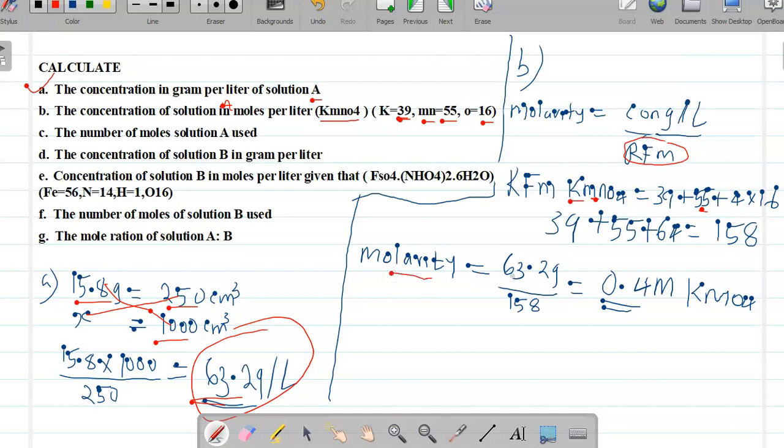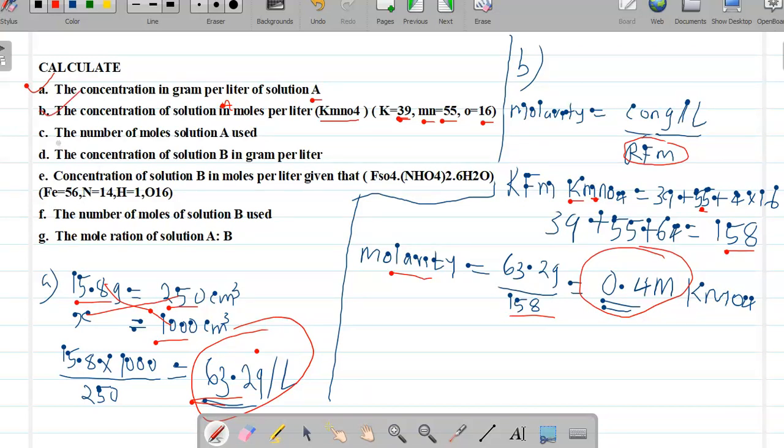Therefore molarity is equal to 63.2, which is the concentration we obtained, divided by the RFM, which is 158. Then you get 0.4 molar of potassium manganate(VII). That's how you answer part B. I think you have understood it.